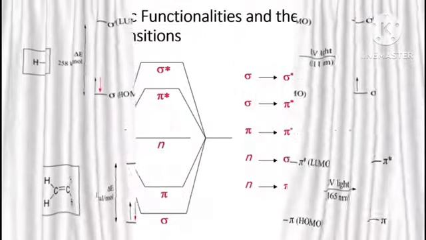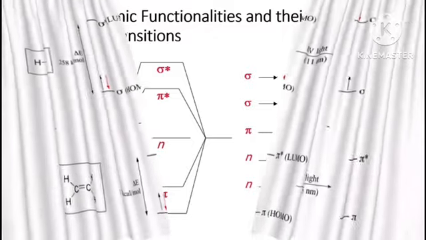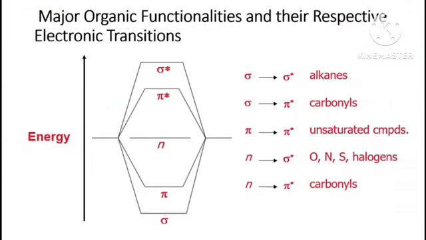What do we have here? Here we are going to talk about the major organic functionalities and their respective electronic transitions. So starting with this, in organic chemistry there are several functional groups. We have alkanes, alkynes, carbonyl groups, halogens, a whole lot of them, right?